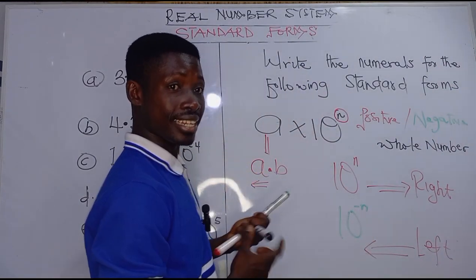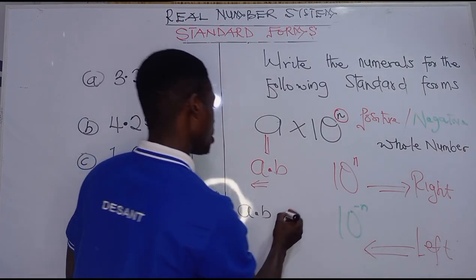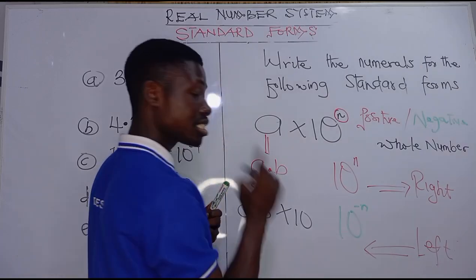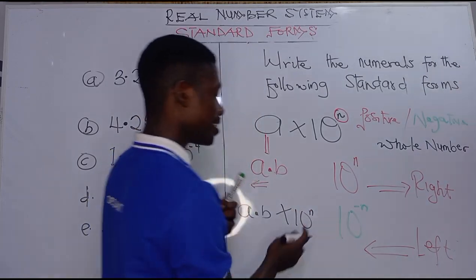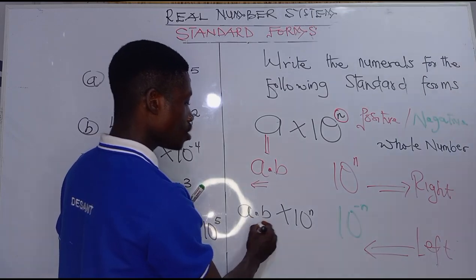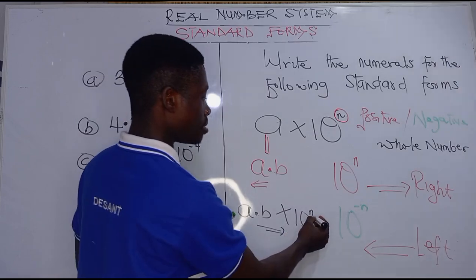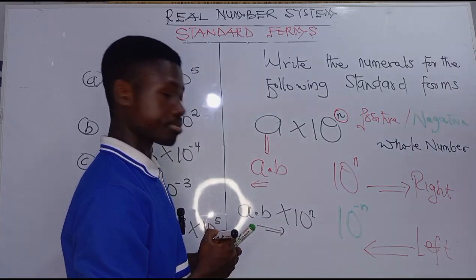So when you have a decimal number multiplied by a positive power of 10, this tells us that we have to move the decimal point to the right, and the number of movements is going to be based on the power.